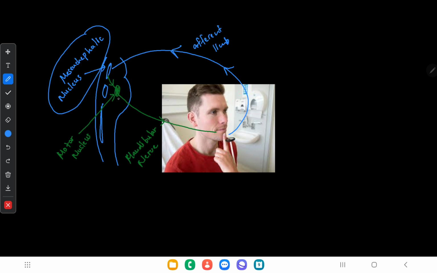So this reflex center is the motor nucleus of the trigeminal nerve. From the motor nucleus, efferent fibers come through the mandibular division of the trigeminal nerve. These are the efferent fibers. Hope you can understand clearly from this diagram how the jaw jerk occurs.